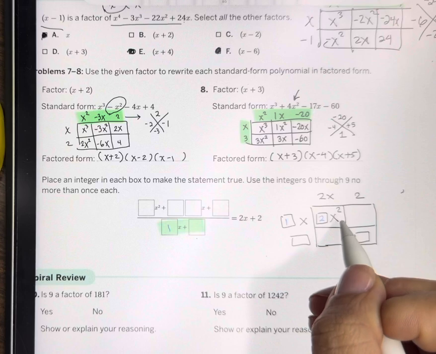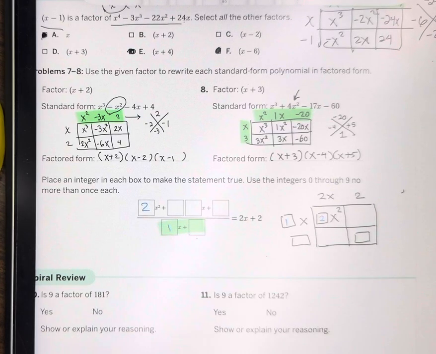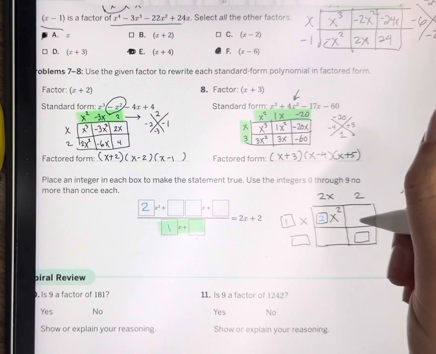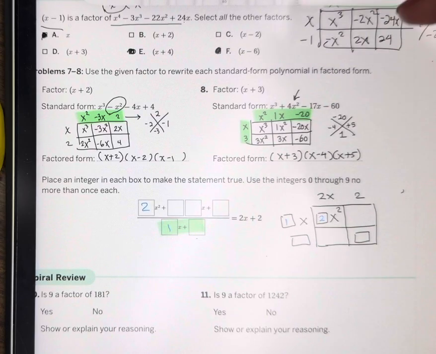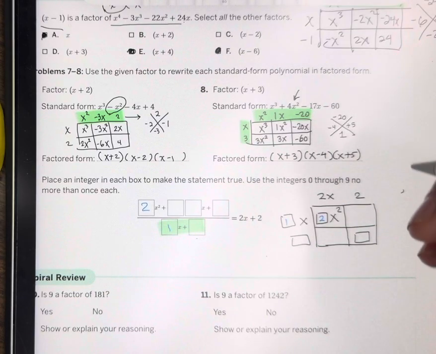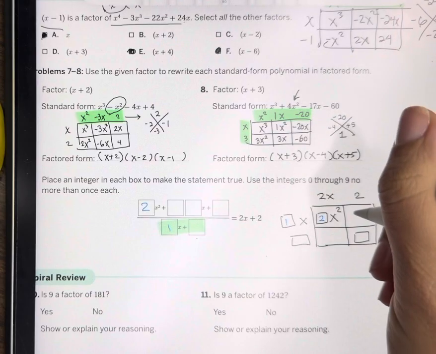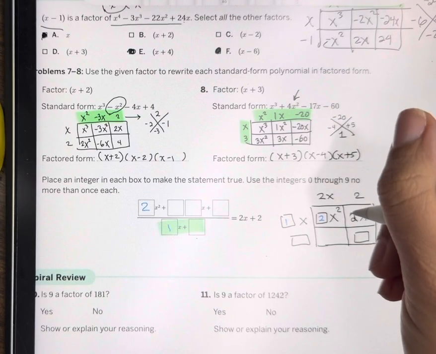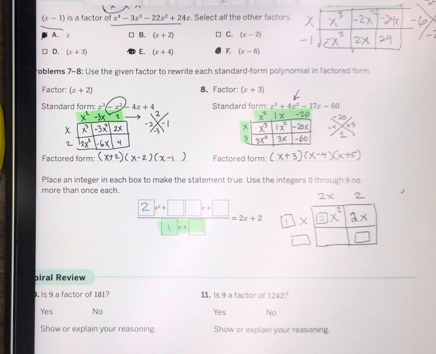And the 2 is in front of the x squared, so that's this. And then, oh, see, but then, who knows if it's a problem. Then I have 2 times 1x, so that gives me a 2x. Oh, I'm sorry, I said 1x. 2 times 1x is 2x right there.